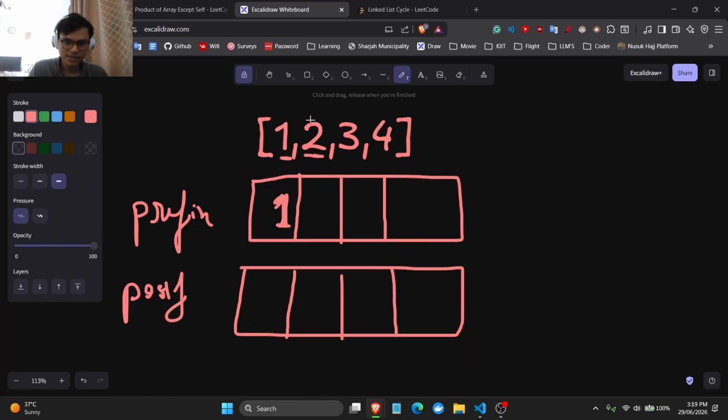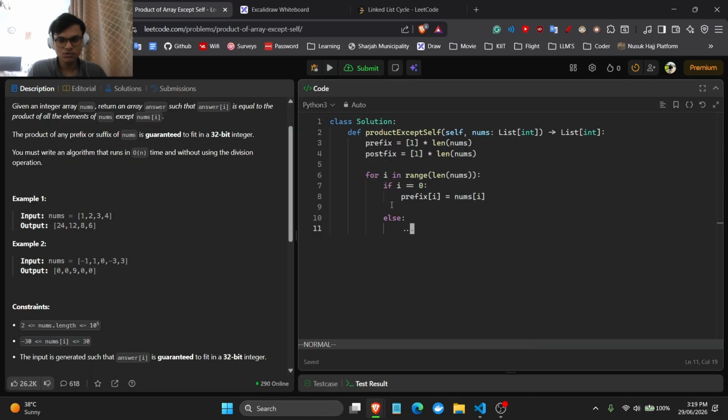ओके एंड अब हम आ रहे हैं 2 के ऊपर, तो 2 का क्या होगा? 2 का होगा, if I think about this, prefix of I is equal to nums of I into prefix of I minus 1. That makes sense.